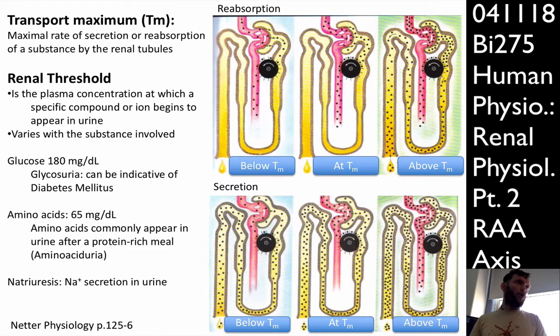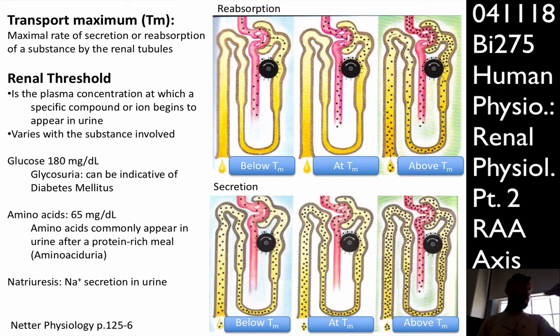Renal threshold is the concentration of solute at which you're going to hit the transport max. It's the concentration of the thing that you're moving at which you get to the maximal rate of transport. Does that make sense? The definition I have written on the board is the plasma concentration at which a specific compound or ion begins to appear in the urine.